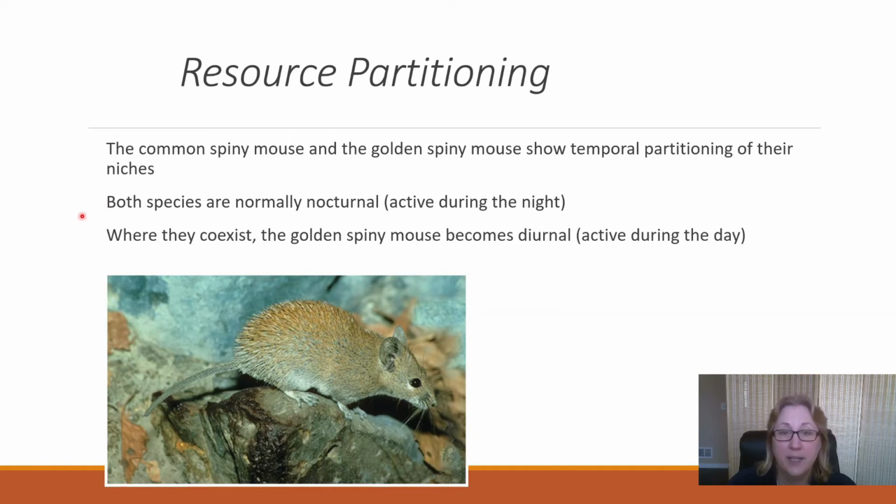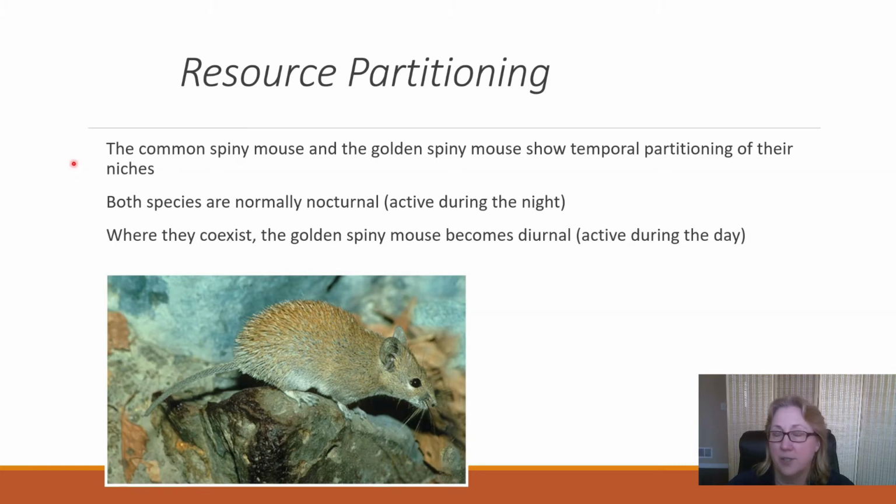But because they directly compete for the same resource, eating seeds and nuts and small insects, one species has been forced to switch to being active during the day, or being diurnal, where both of them coexist. And this is because the other species, the common spiny mouse, is going to outcompete them.